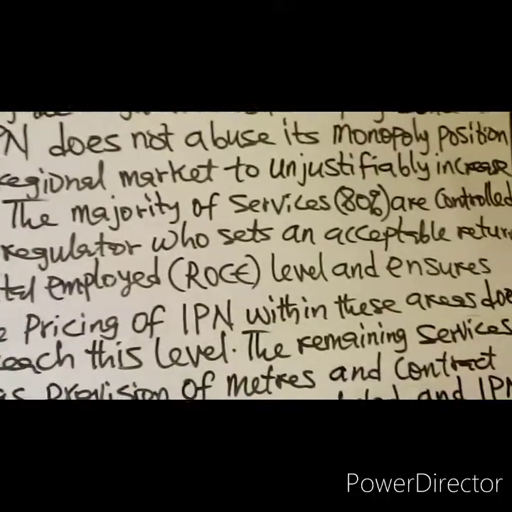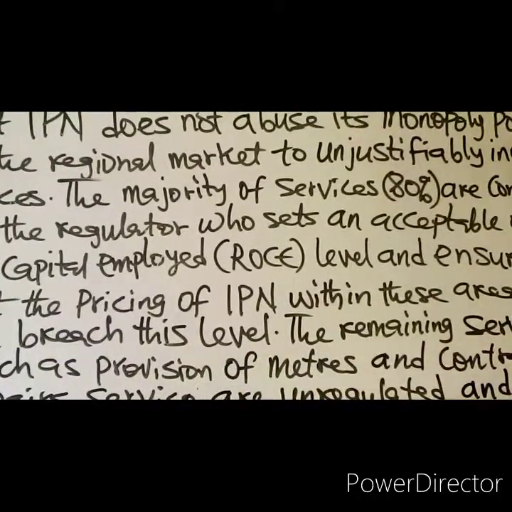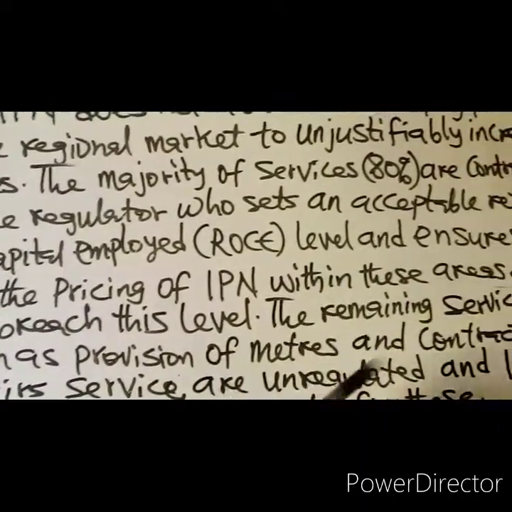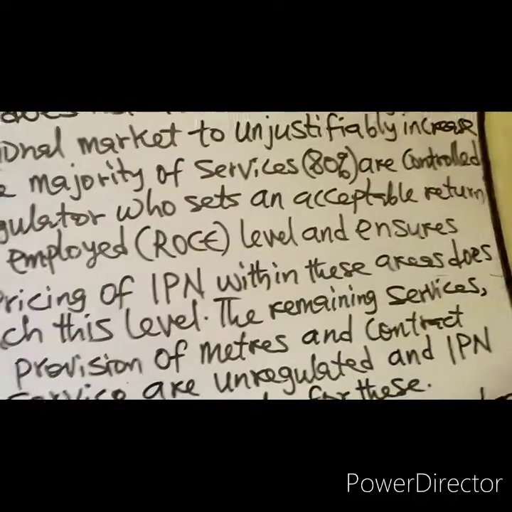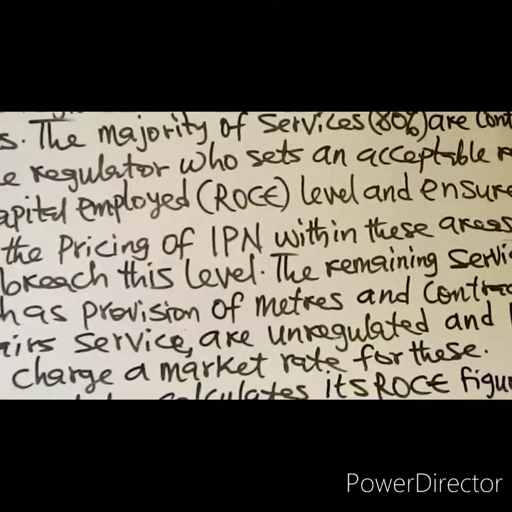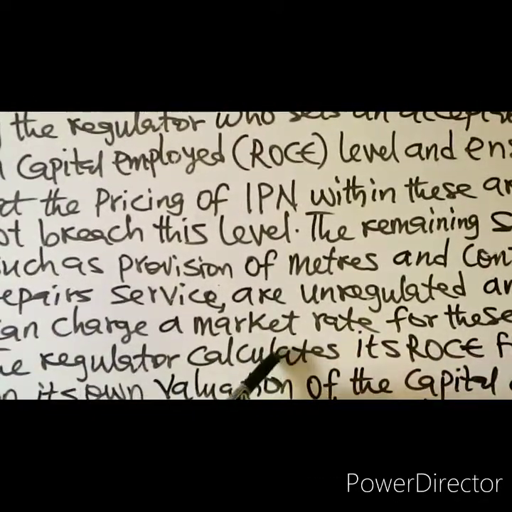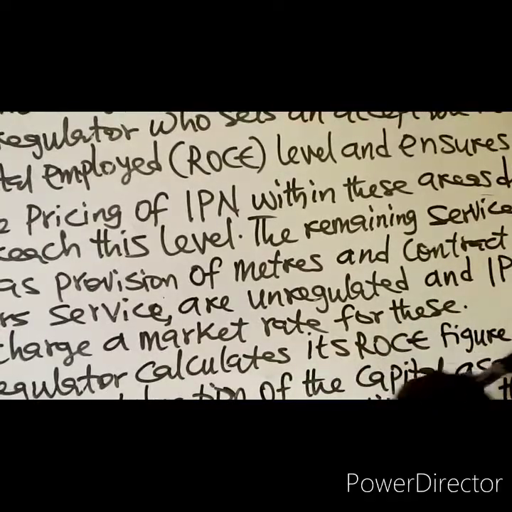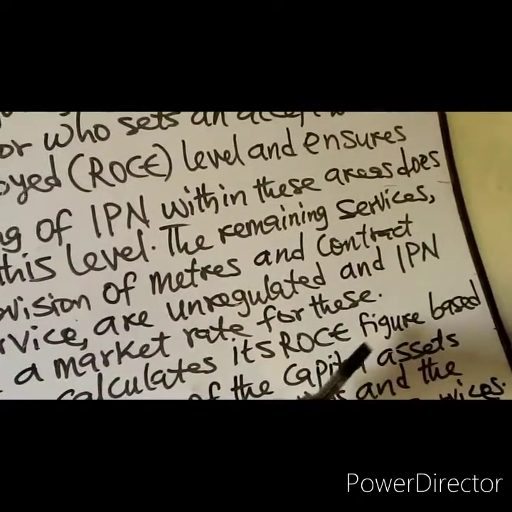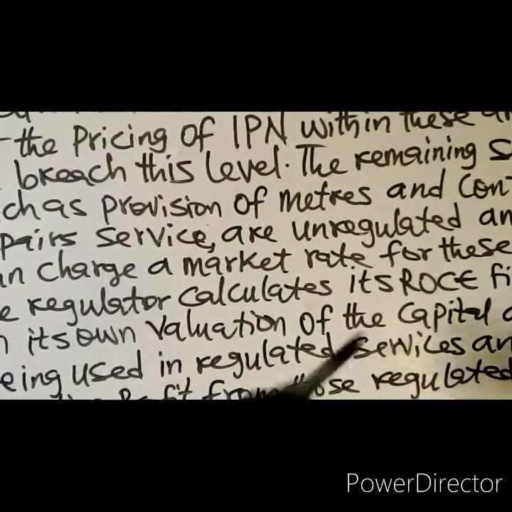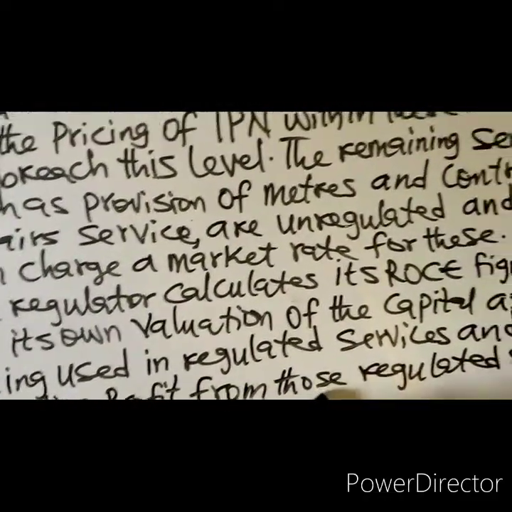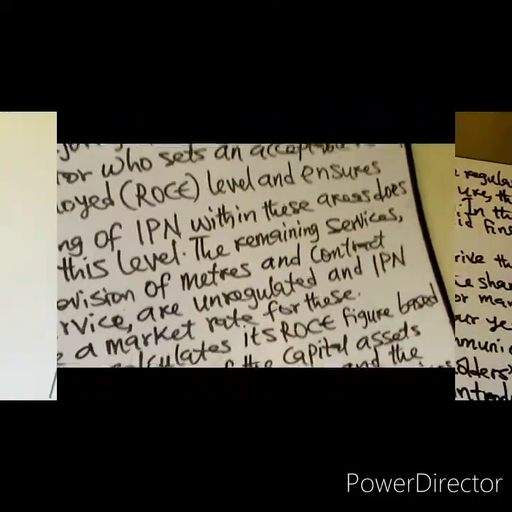The remaining services, such as provision of meters and contracts, repair service are unregulated, and IPN can charge a market rate for this. The regulator calculates its ROCE figure based on its own valuation of the capital assets being used in the regulated services and the operating profit from those regulated services.